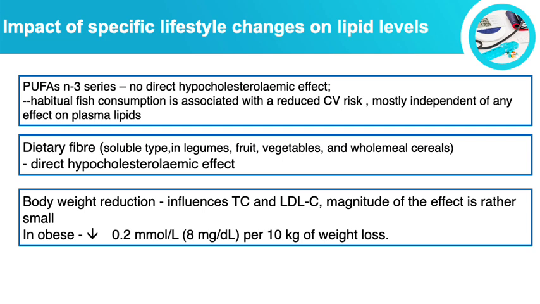As for body weight reduction, it influences the total cholesterol and LDL cholesterol, though the magnitude of the effect is rather small. However, among obese individuals, there is a noted reduction of 0.2 millimoles per liter or 8 milligrams per deciliter per 10 kilogram of weight loss.